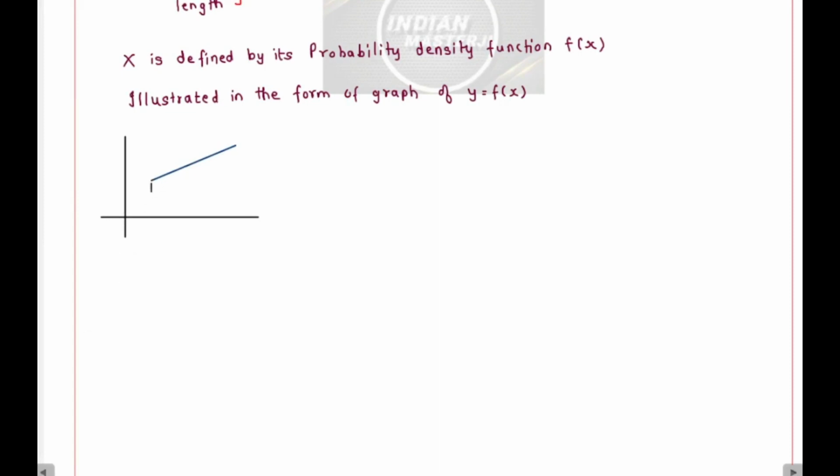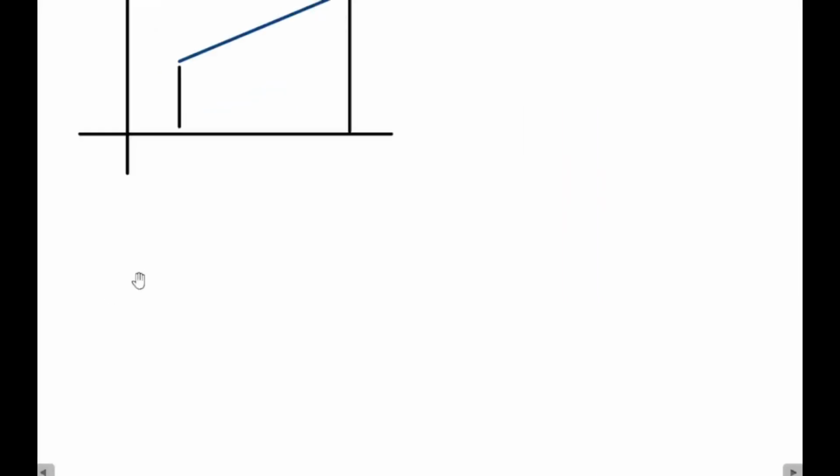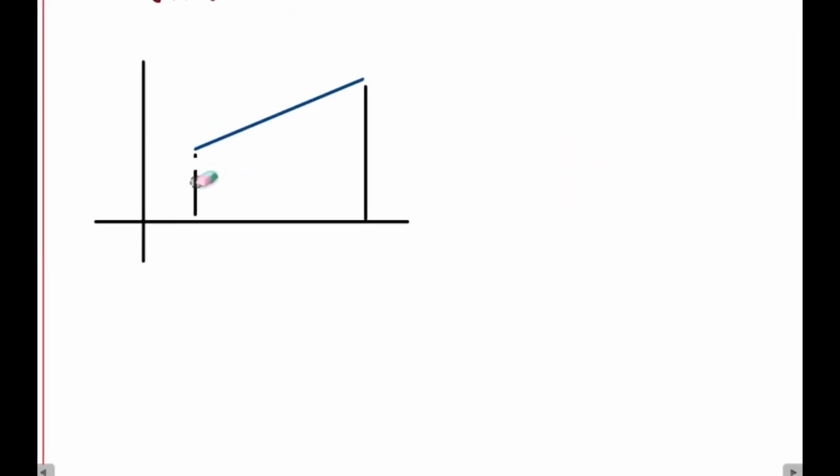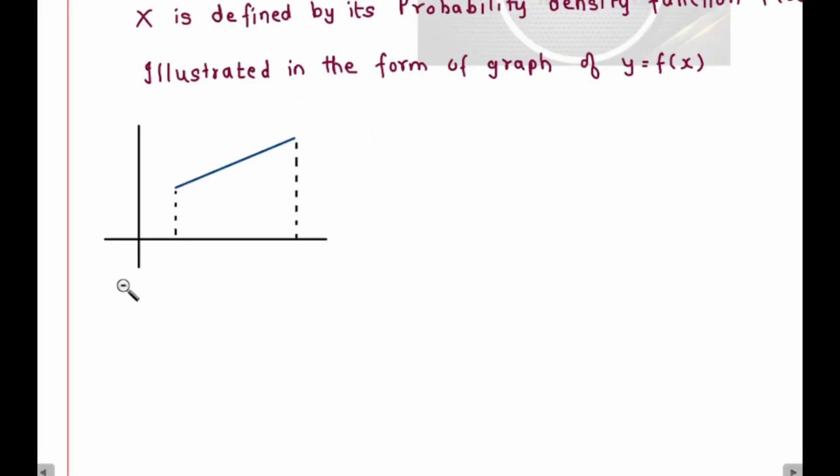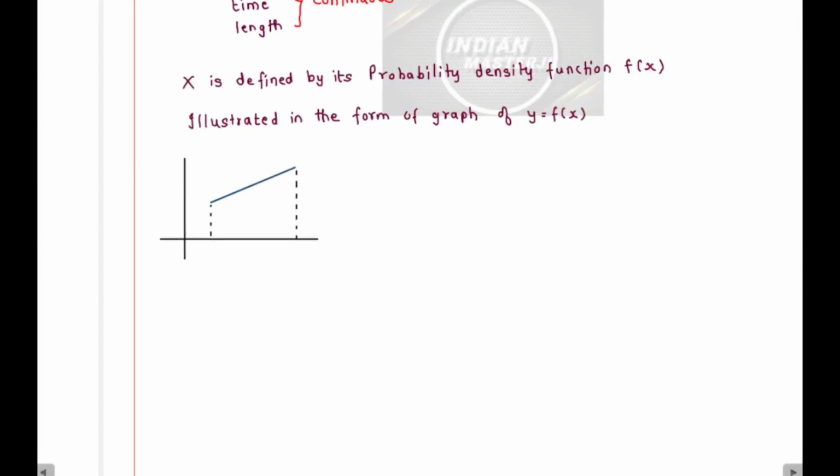If you see here, these values are not there. Let me enlarge and then erase this so that you all understand what I'm trying to say. So I've tried to draw a probability density function f of x, where this continuous random variable is taking certain values x.